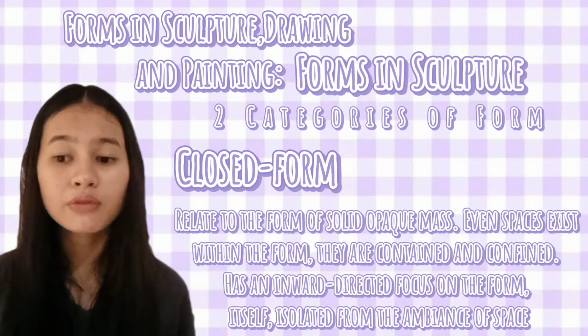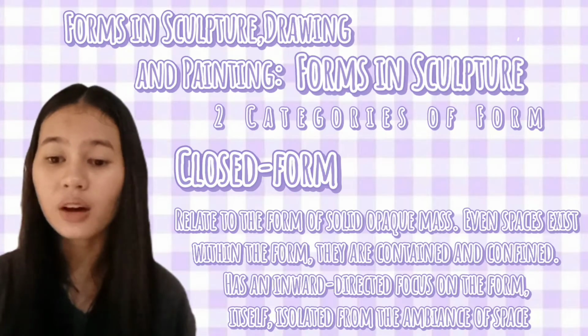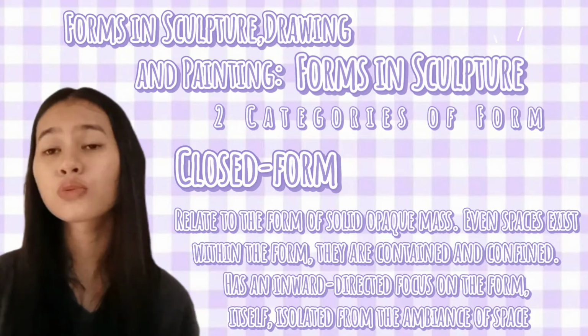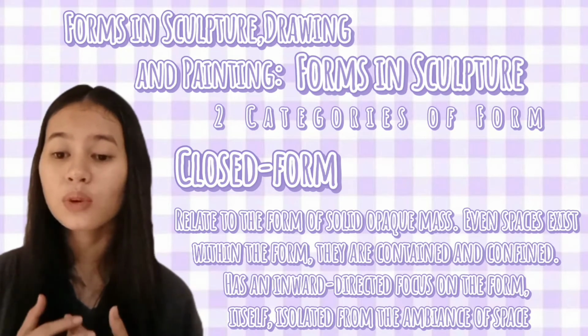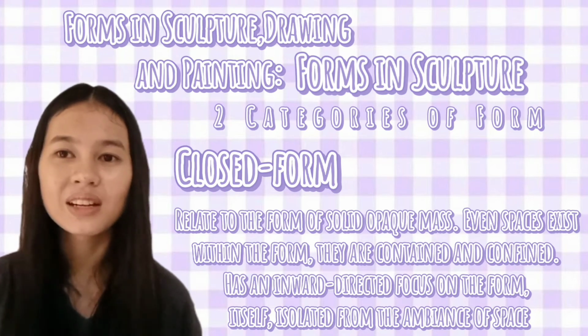It may have holes or empty space that also becomes part of the artwork. On the other hand, we can call a sculpture a closed form when it is solid, has no holes, and is self-contained. So those are the two categories of form in sculpture.